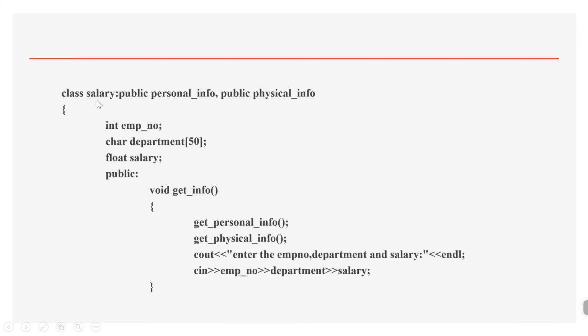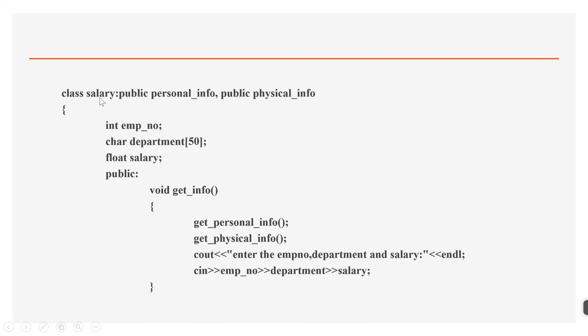Salary is a class which is inheriting two classes. What are they? Personal info as well as physical info. Personal info, publicly it is inheriting. Physical info also it is publicly inheriting. So more than one class it is inheriting. That is why it is called multiple inheritance.